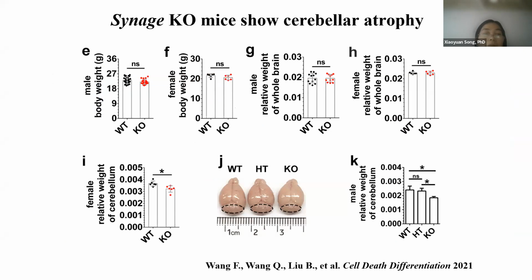The body weight and the whole brain weight are not changed between wild type and knockout, but in both female and male, the cerebellum is smaller and its weight is less in the knockout compared to the wild type.